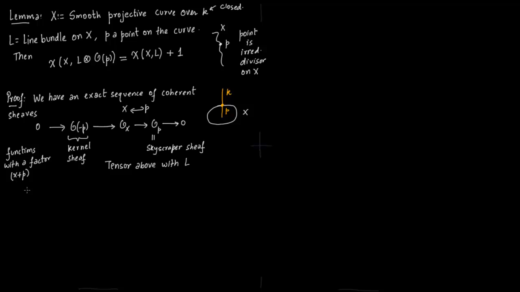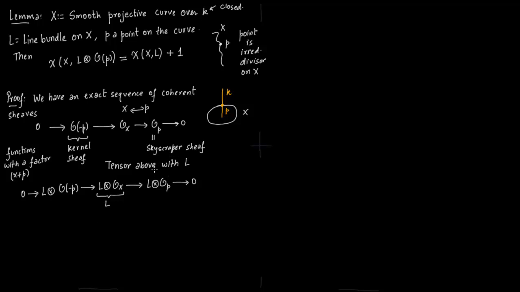Basically it becomes an evaluation map at the point P. Now you tensor the above with the line bundle. The line bundle locally looks like O_X, so this becomes a line bundle itself.